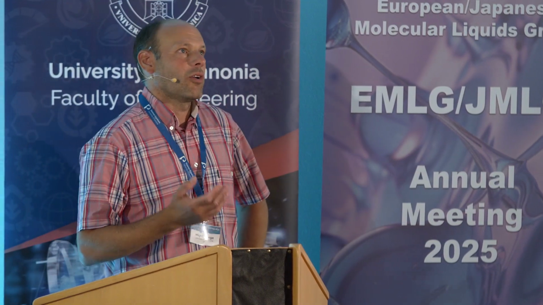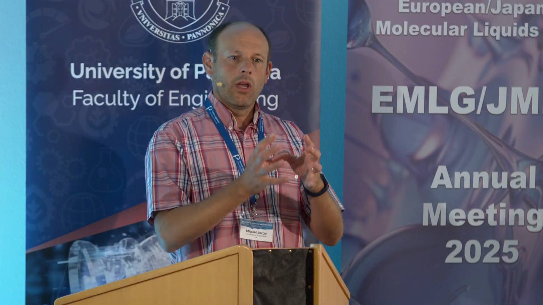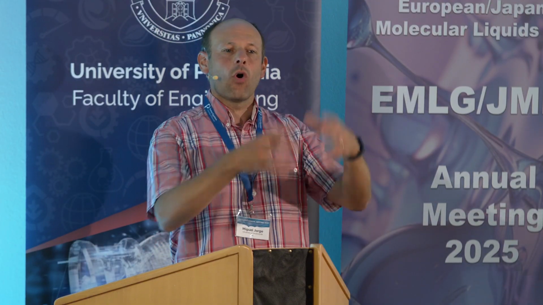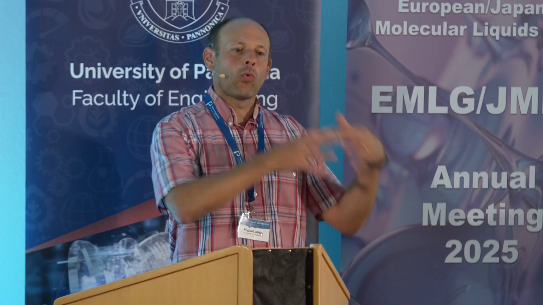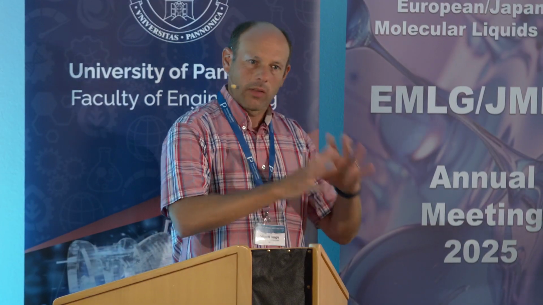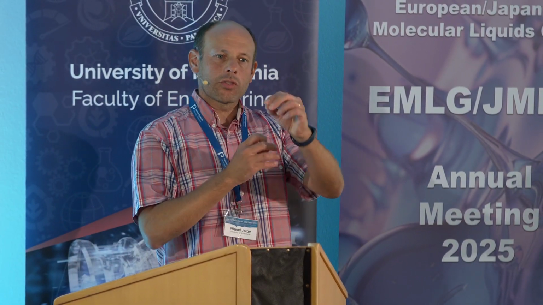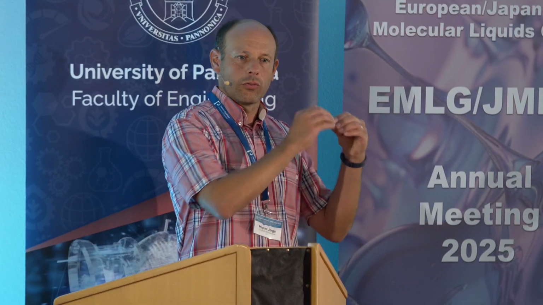Honestly, I think there's a lot of potential in these machine learning potentials. The basic philosophy is that you describe the quantum chemistry and access longer time and length scales at quantum-level accuracy. That's fine. But of course, the model is only as good as the quantum data that you use to fit it.